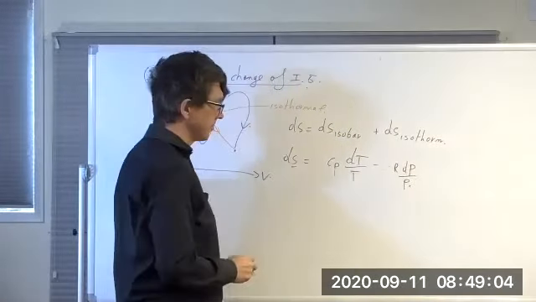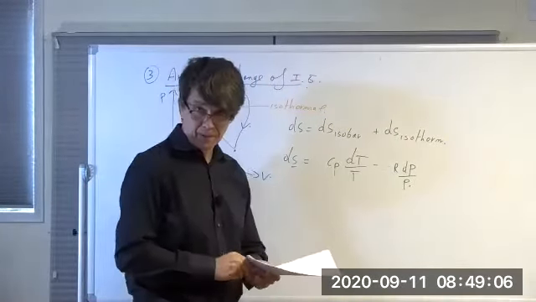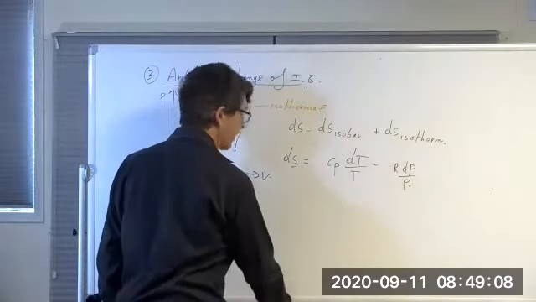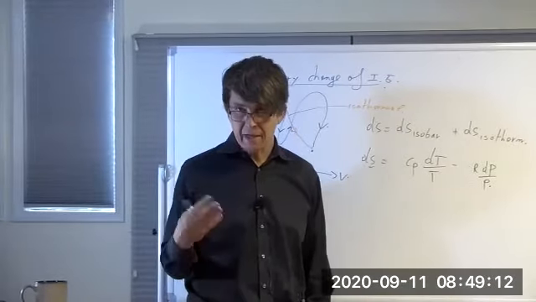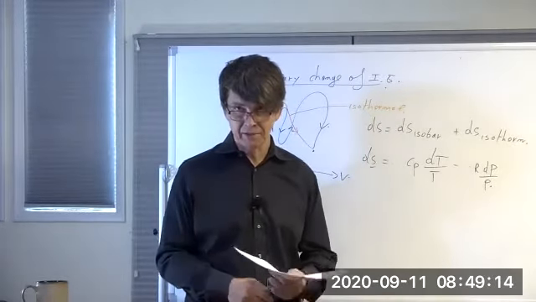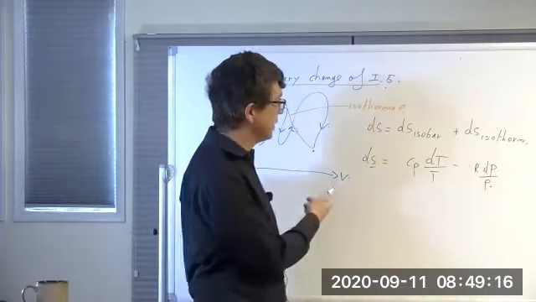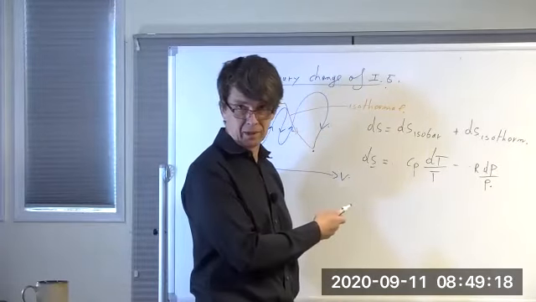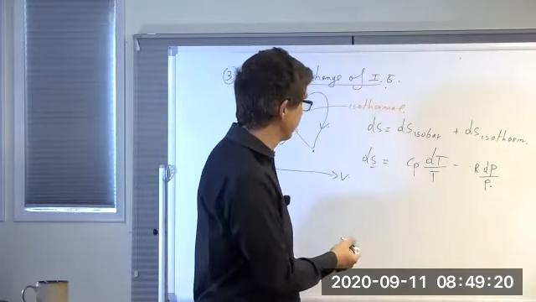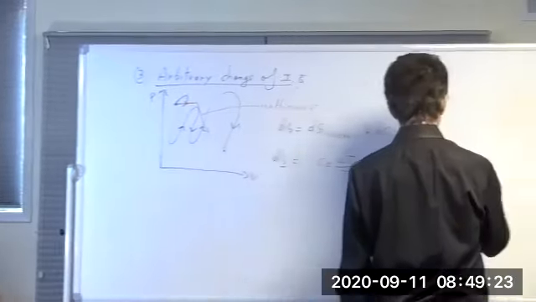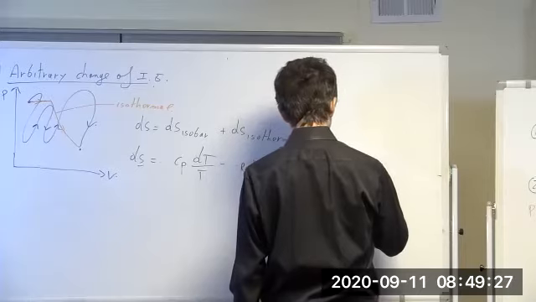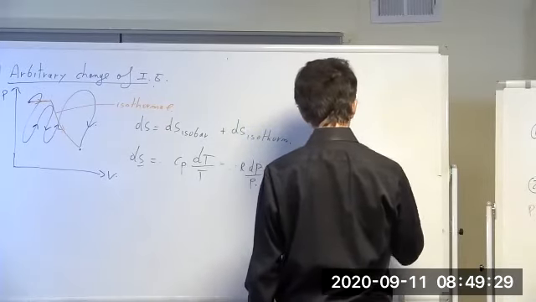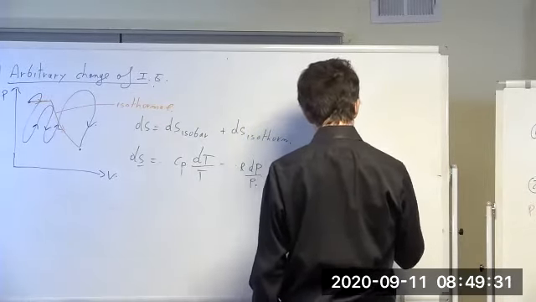Kind of cool, right? So here's why this is cool. Remember all this work we did to calculate the adiabatic expansion of an ideal gas? When you see this, well, what's adiabatic? Adiabatic reversible expansion. That means that ds is equal to 0, right?